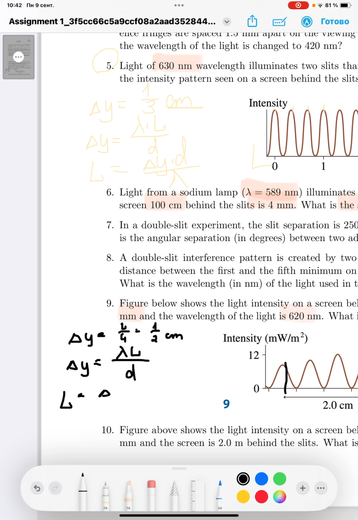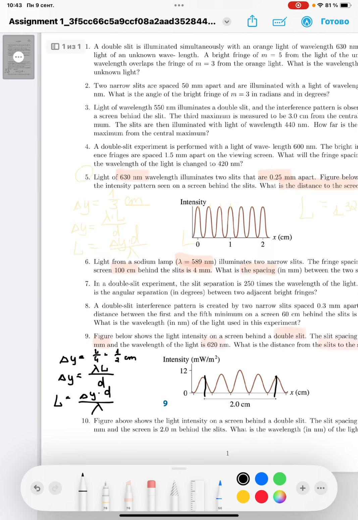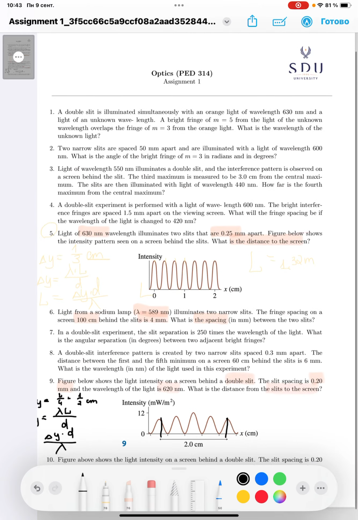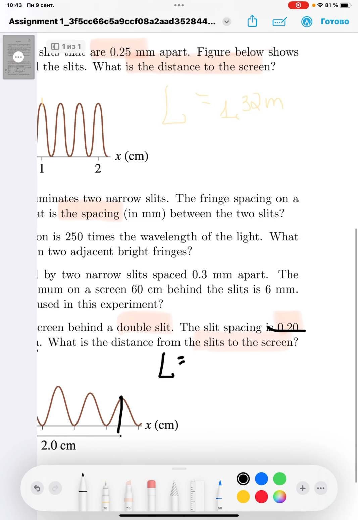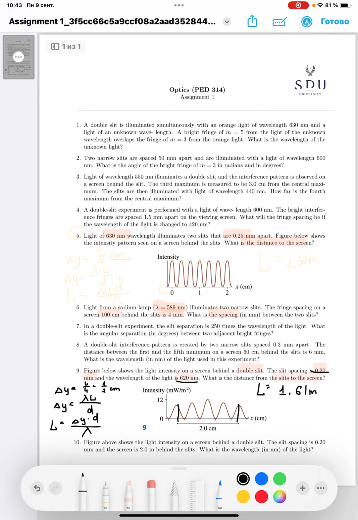It will be delta y times d over the wavelength, and by putting in their amounts, we have here the wavelength, and also we have d expressed as 0.20. We can find our L, that must be 1.61 meters. Okay, and let's solve the last question here.